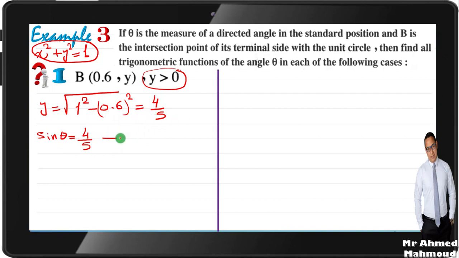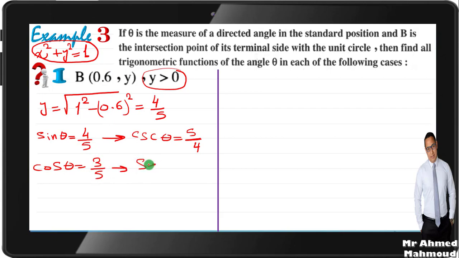This is the sine, and cosec theta equals 5 over 4, the reciprocal of sine, and cosine theta equals 0.6 or 3 over 5.